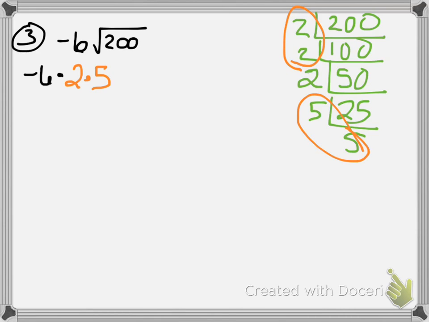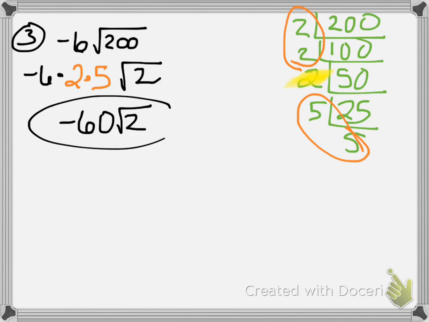What stays behind? The 2 doesn't have a partner. He stays outside under the square root. And so my outside number is going to become 2 times negative 6 times 5. So negative 60 on the square root of 2.